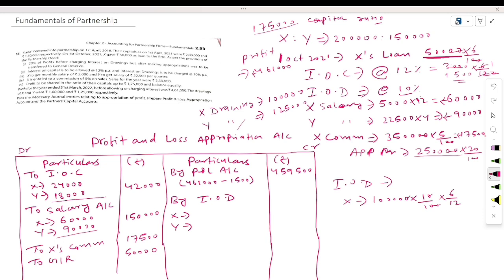So what will be the amount here? 5,000 will be the X drawing interest. And what will be the Y drawing amount? 125,000 at 10% for 6 months.